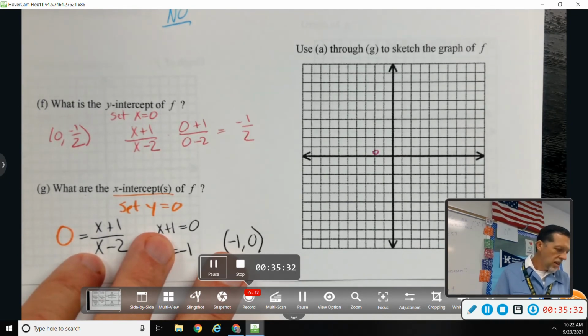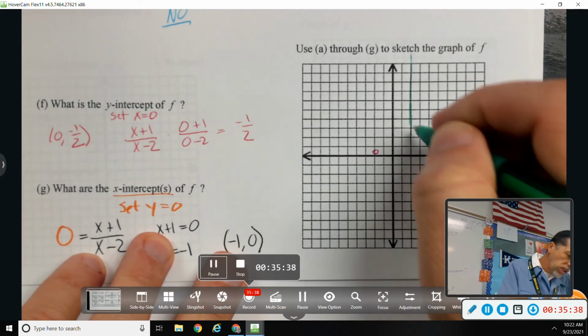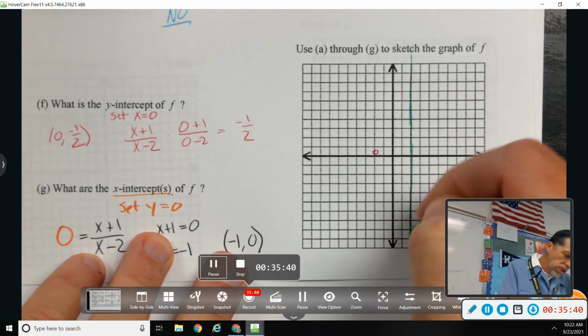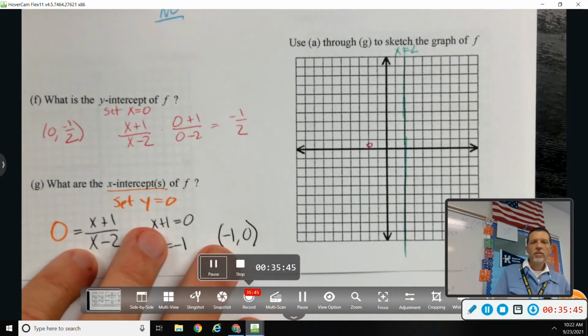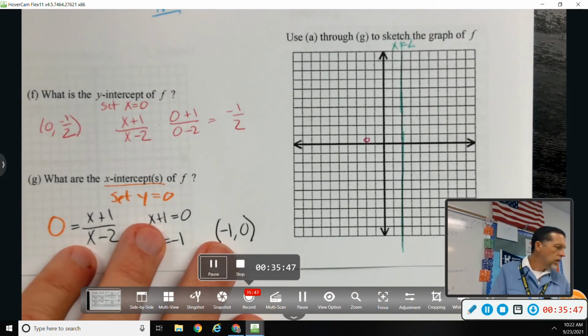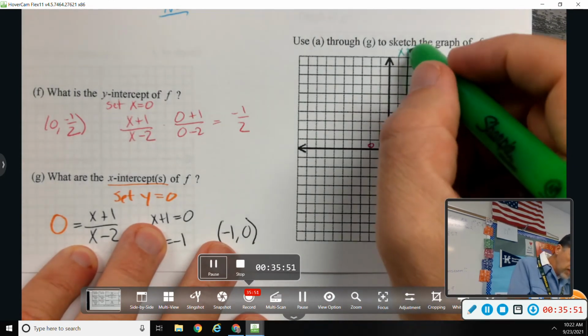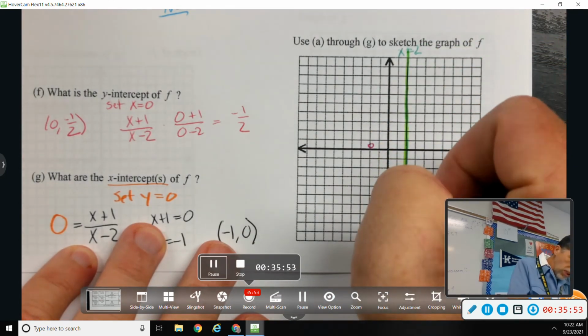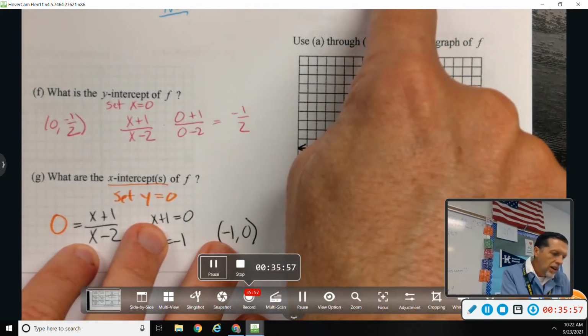Part C, vertical asymptote at x equals 2. So there's my vertical asymptote at x equals 2. Part D, horizontal asymptote at y equals 1.